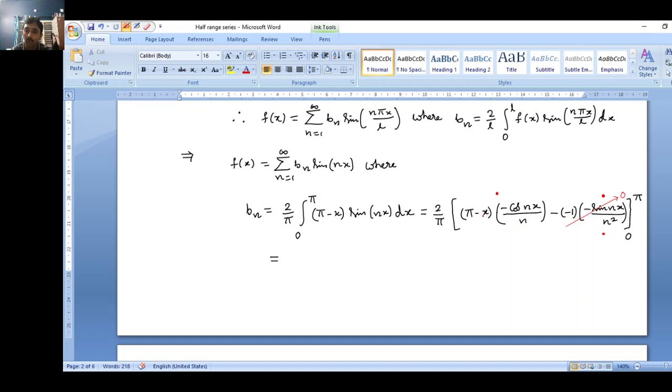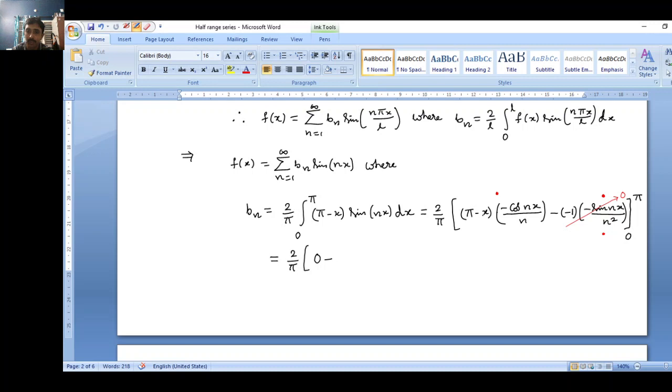When you go for the lower limit, when you take x equal to 0, you get pi here, and cos 0 is what you get here, and both are non-zero, so you are going to get the lower limit term only. So from this you can see that we are going to get only the lower limit term pertaining to the first term. So we get a 0 minus, because it's lower limit term.